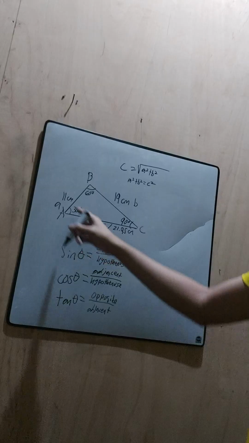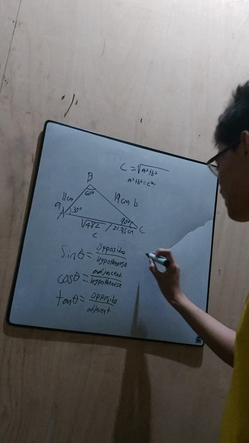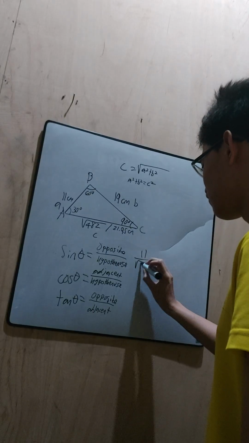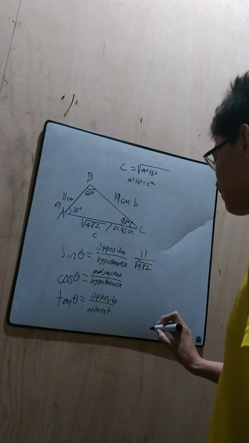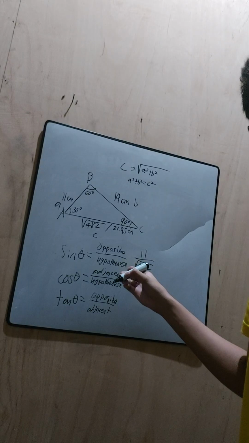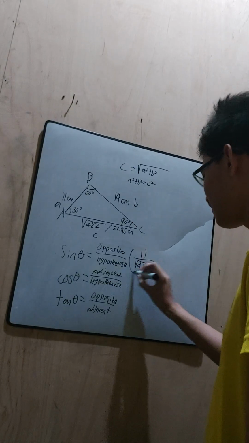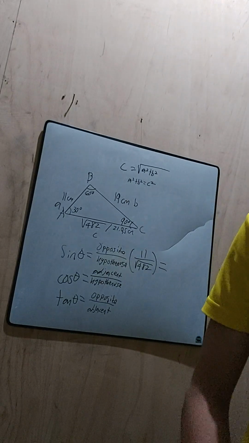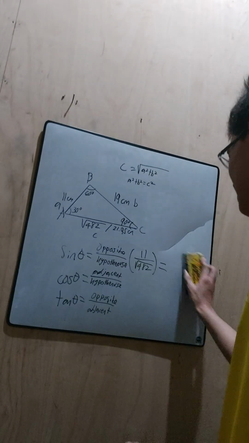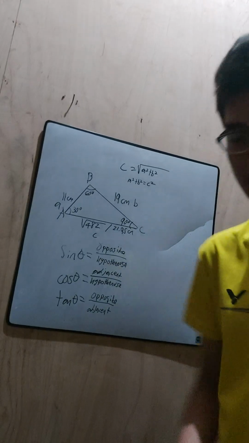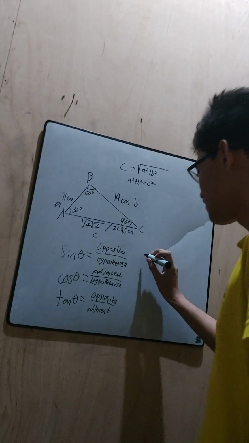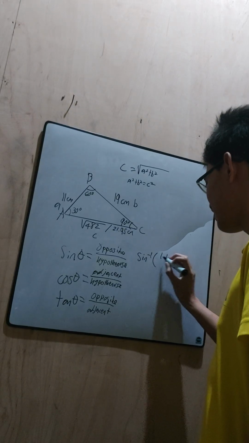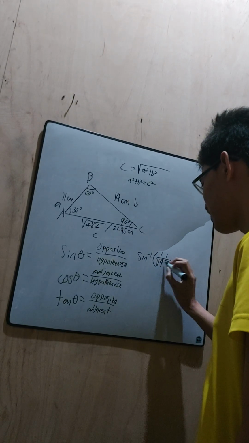Opposite. What's our opposite? That's basically A, so 11. What's our hypotenuse? Square root of 482. Now take the inverse sine of this. Alright, let's rewrite it as inverse sine of 11 over square root of 482.